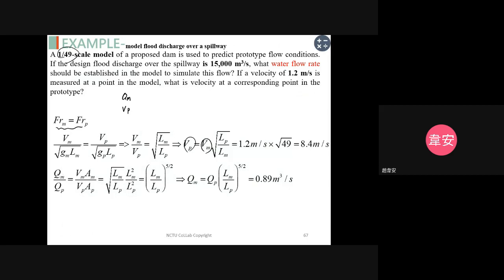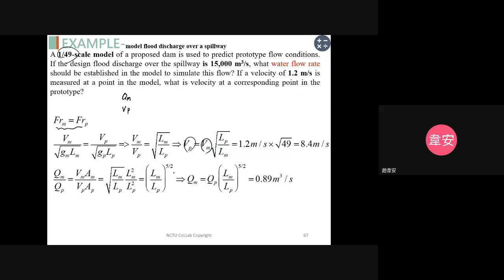So Qm divided by Qp is equal to Vm Am divided by Vp Ap. Then we rearrange both parameters and replace the velocity ratios by the length ratios, and the area also changes to length dimensions.